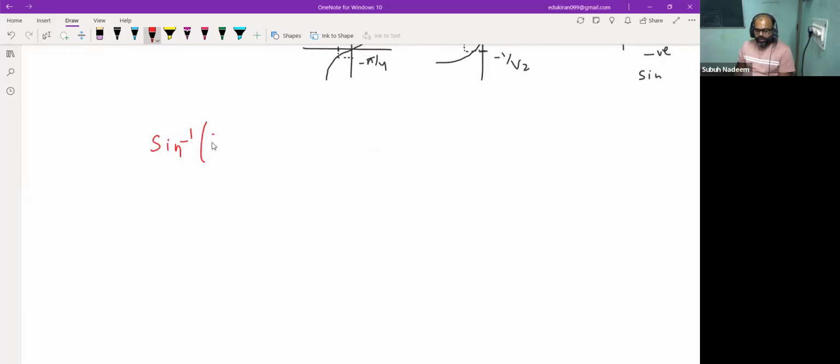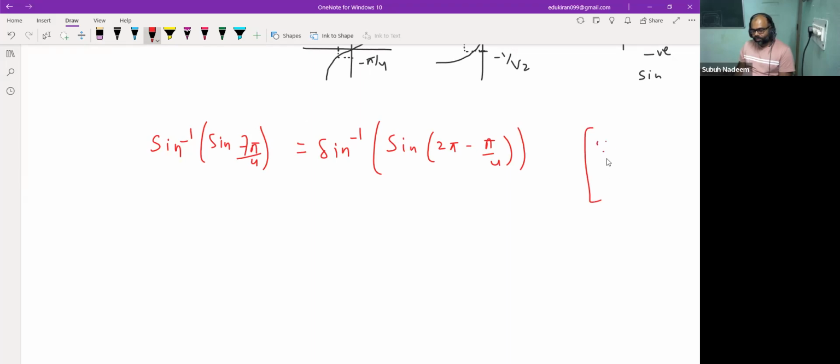Sine inverse sine 7 pi by 4 can be written as sine inverse sine of 2 pi minus pi by 4, as we did earlier, 360 degree minus 45 degree. 7 pi by 4 is 2 pi minus pi by 4. You can take LCM, see that it is 8 pi minus pi, 7 pi by 4. So you write it as sine inverse.